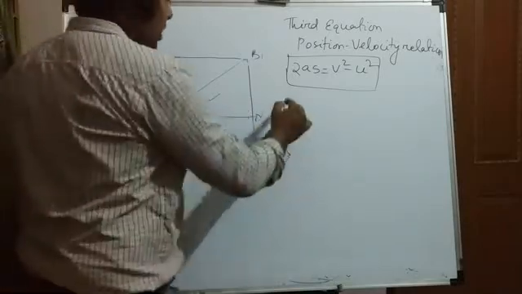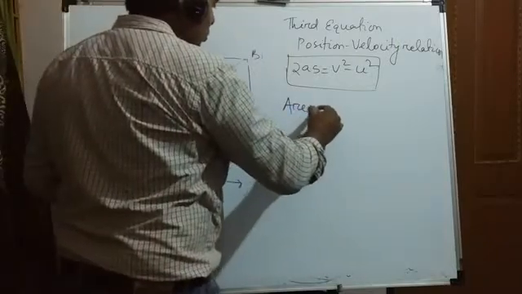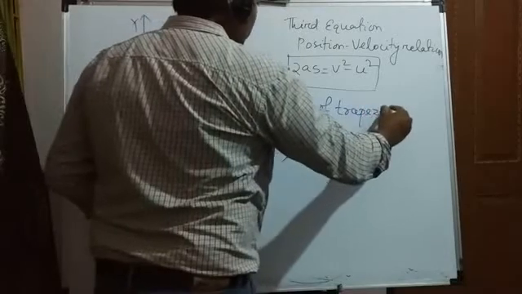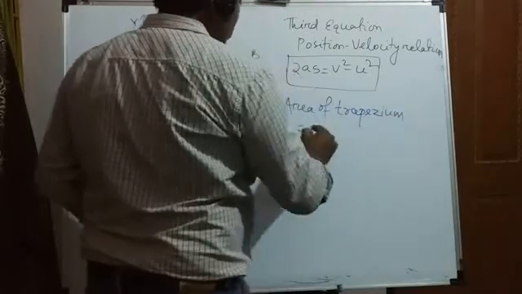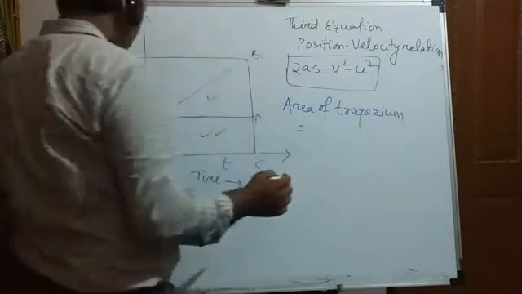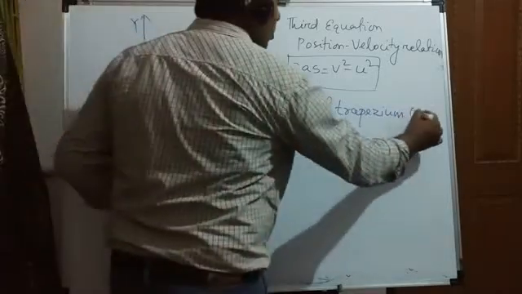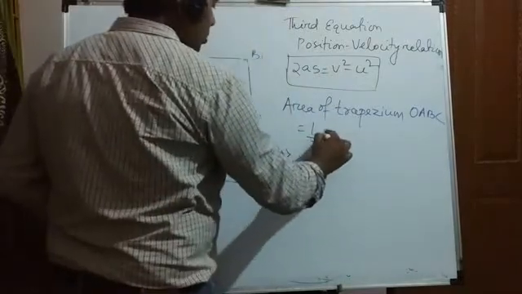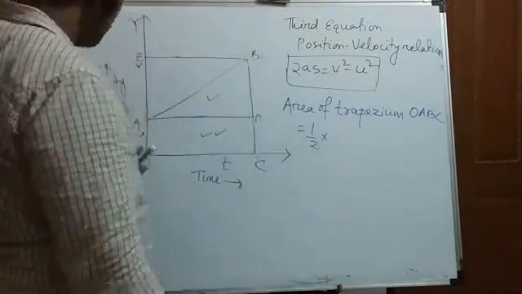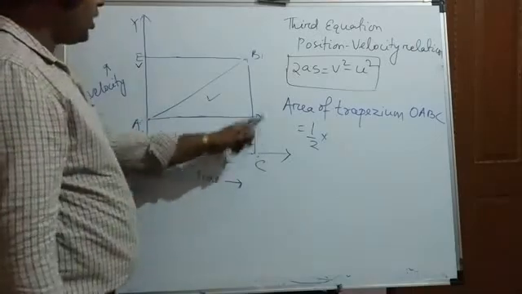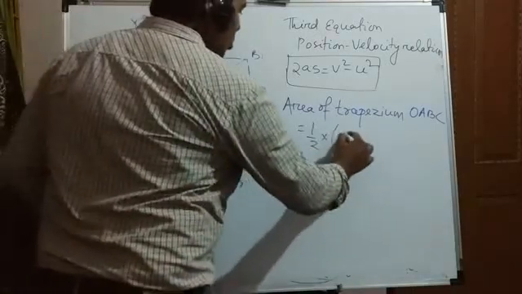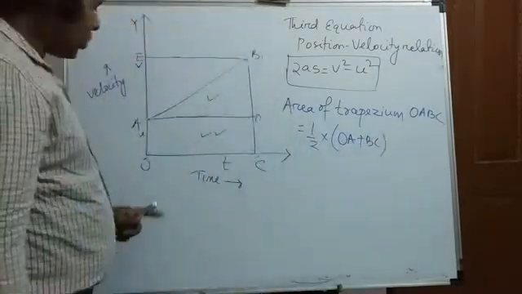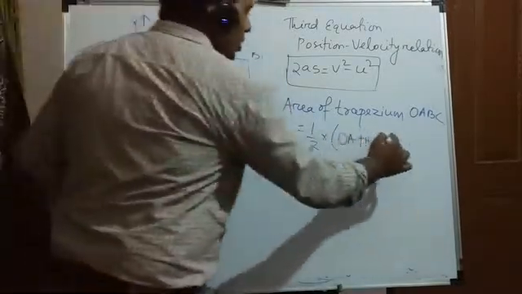This is the formula of area of trapezium. Area of trapezium OABC is equal to half into sum of two parallel sides OA and BC into the height, that is OC.